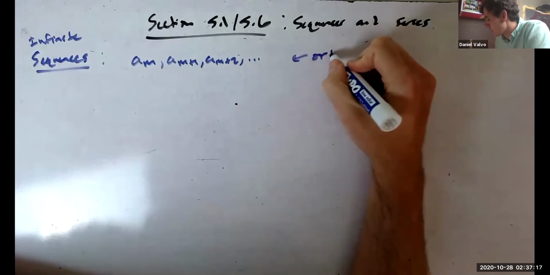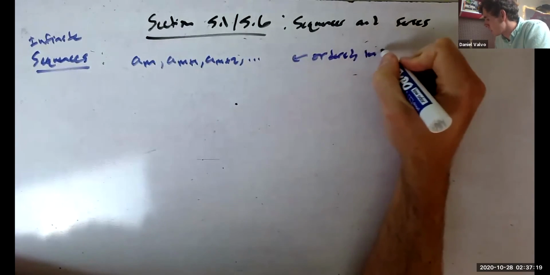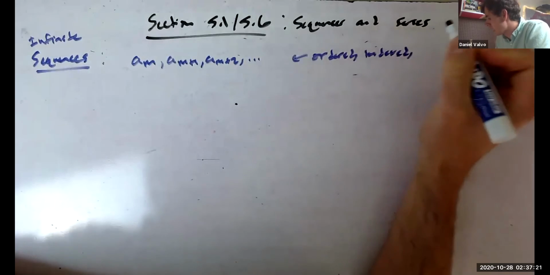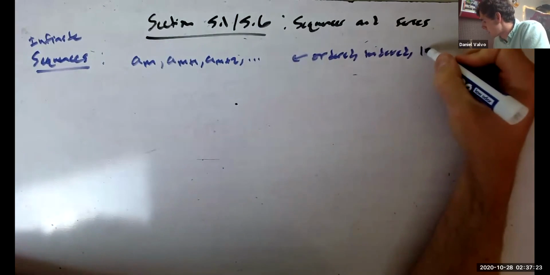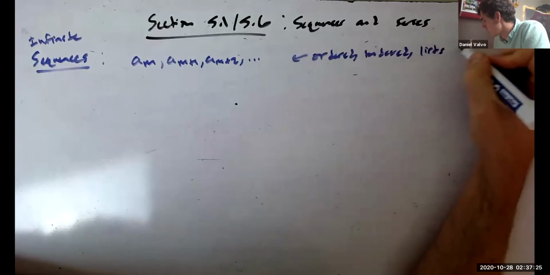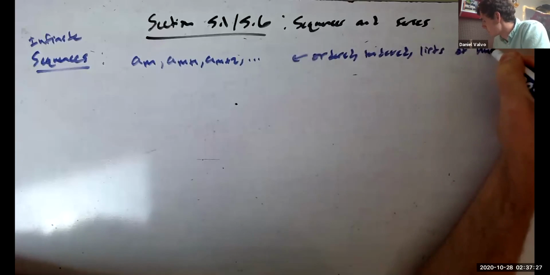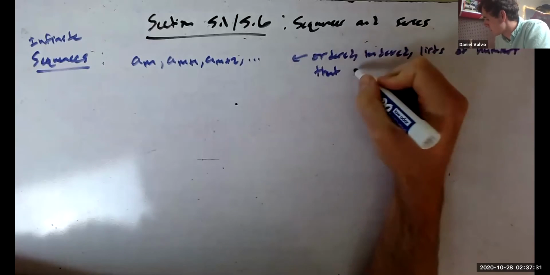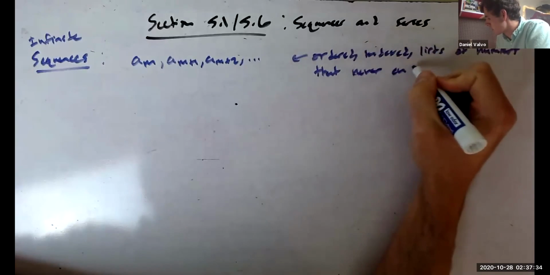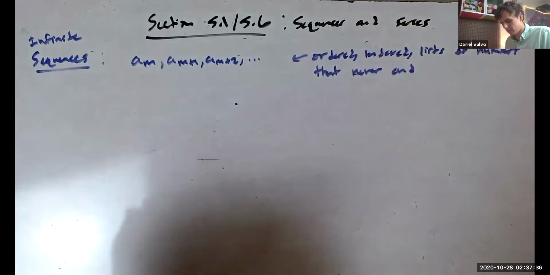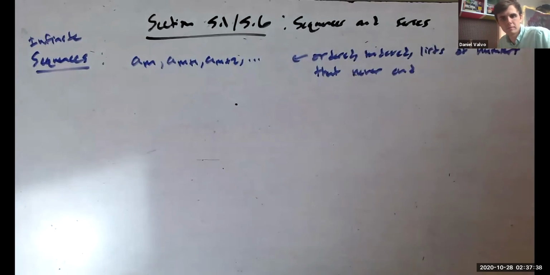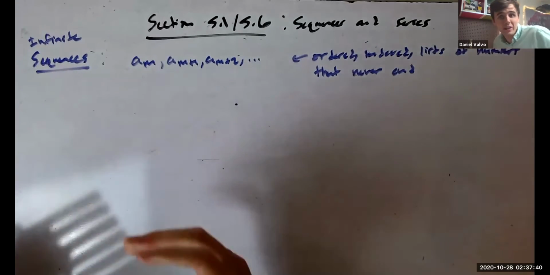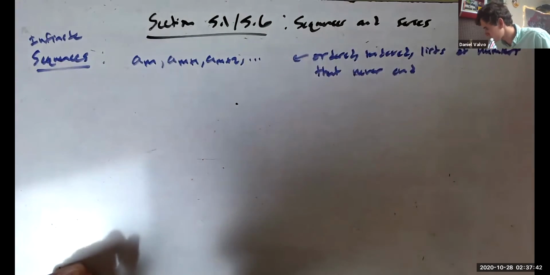Meaning they are ordered, indexed lists of numbers that never end. That's exactly what an infinite sequence is.